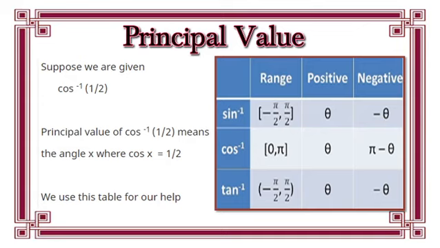Now let's talk about principal value. How do we calculate the principal value? Suppose we are given cos inverse half. The principal value of cos inverse 1 by 2 means the angle x where cos x is 1 by 2. We have to find the angle x where cos x is 1 by 2. And we use this table for our help.